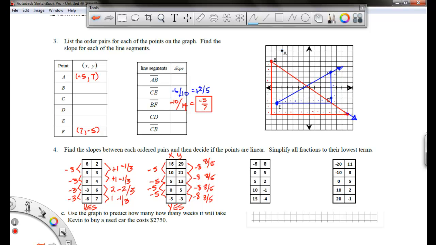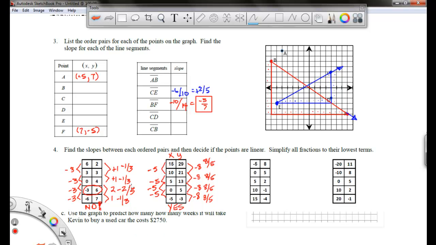So now if you look here, these slopes aren't the same, are they? So this point is not linear with the rest of them. So this thing here should be a no. I hope some of you caught that. You should have been screaming at me from your chair at home or wherever you're at.